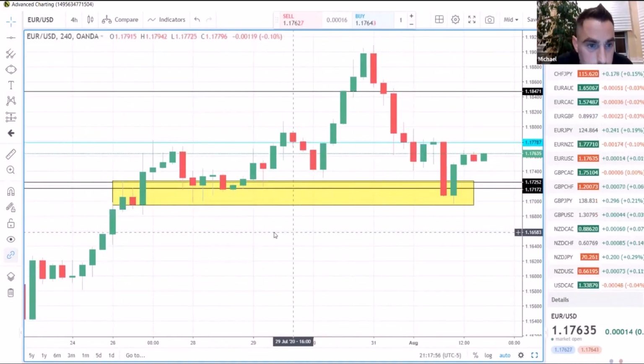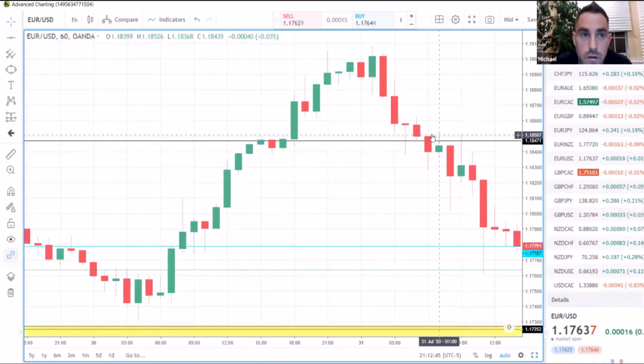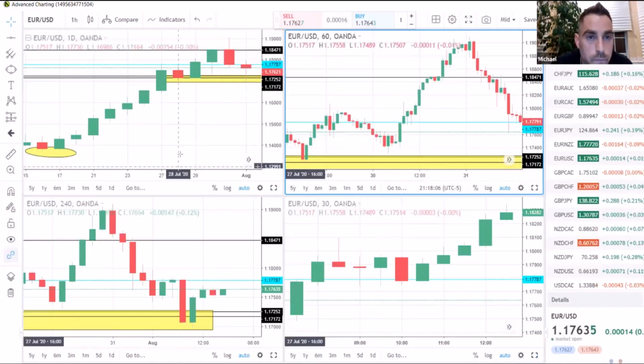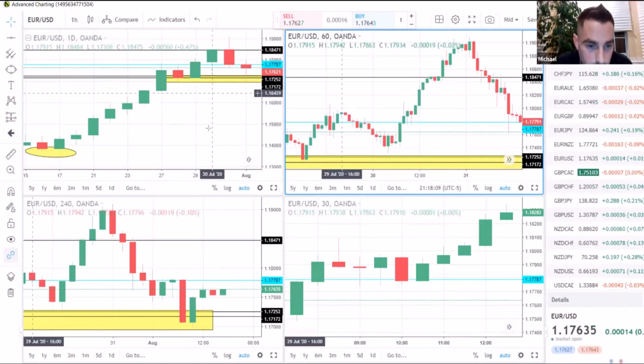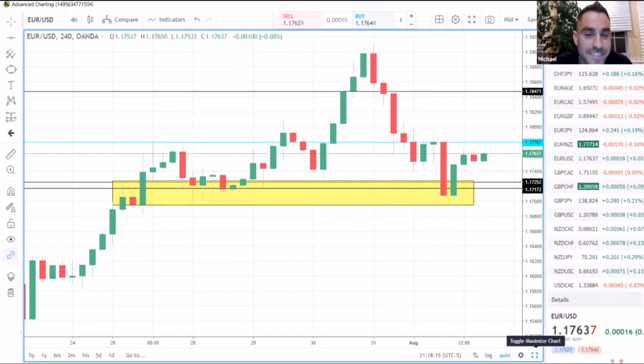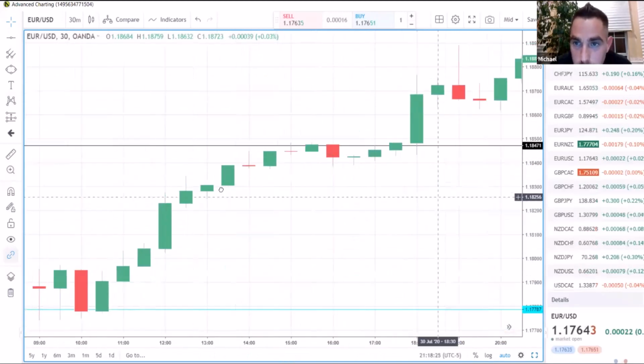Let's see if we get it more clear. Oh yeah, I remember why I identified that one right there. That's off the daily. I'm a little more advanced, so this might not be as clear as the other example.